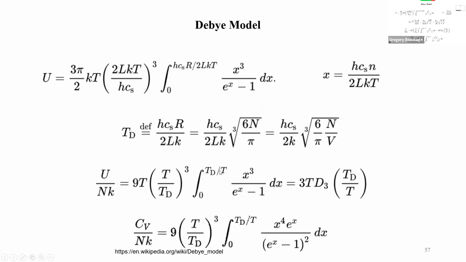So you're going to integrate from theta D by T, and this is T by theta D cubed. And then that's the Debye energy term. Then you take the derivative of that and get the heat capacity, which is this guy. So it's kind of the same thing, but the derivative with respect to T gives the heat capacity expression.